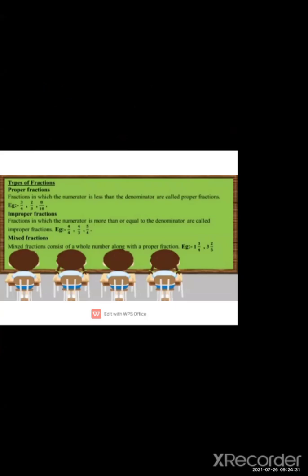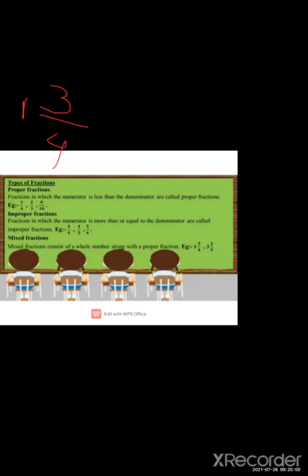Next is mixed fraction. A mixed fraction consists of a whole number along with a proper fraction. See here, the example given is 1 and 3 upon 4.